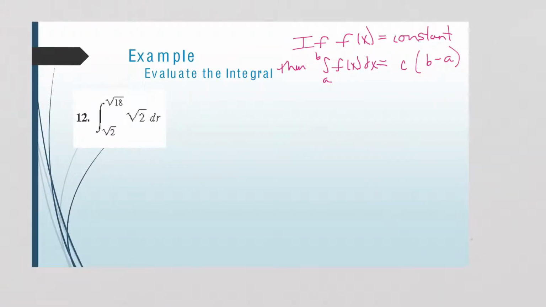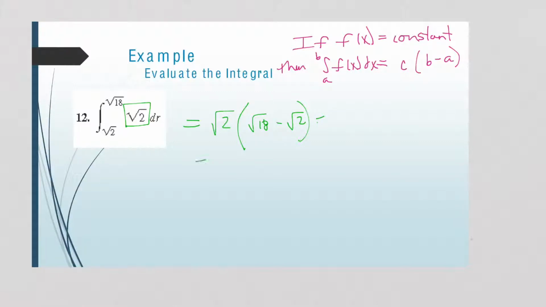So in our case, this is our constant. So this equals the square root of 2 times b, which is the square root of 18, minus the square root of 2, which equals, and all of this can be done on your calculator.